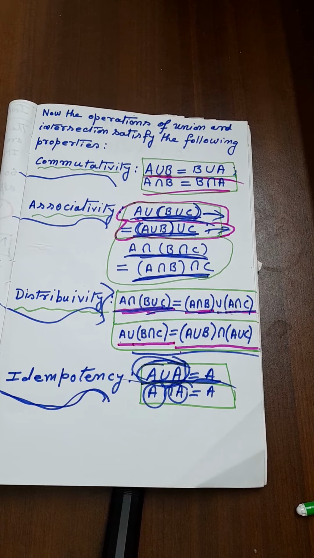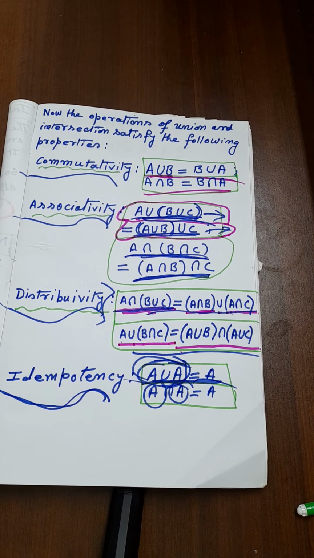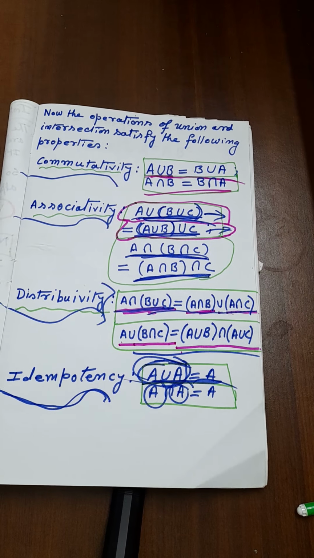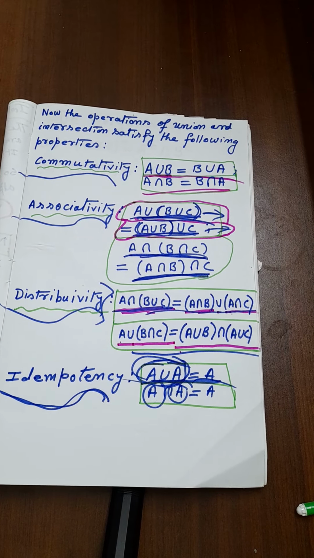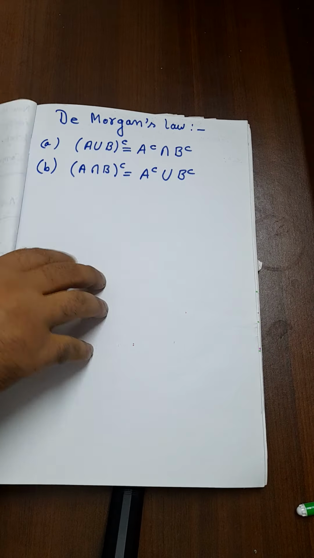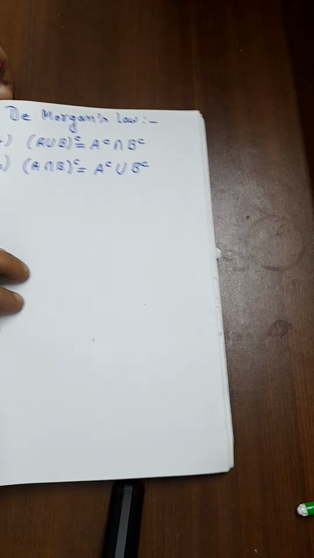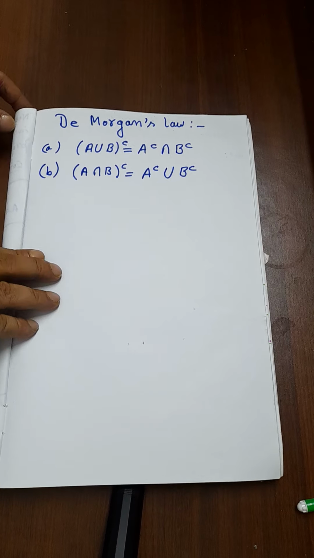What is A intersection A? What will be the common? If we do the intersection of the set of alphabets with itself, we will get everything common, so it will return the set of alphabets. Okay. And the last one is De Morgan's law.